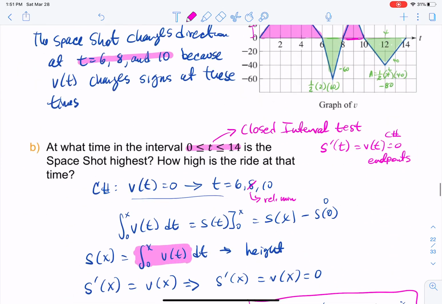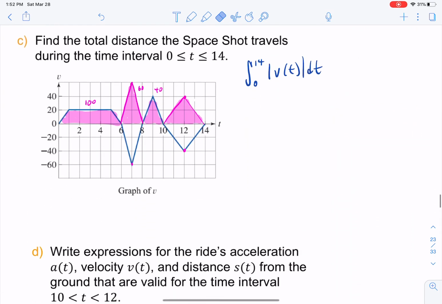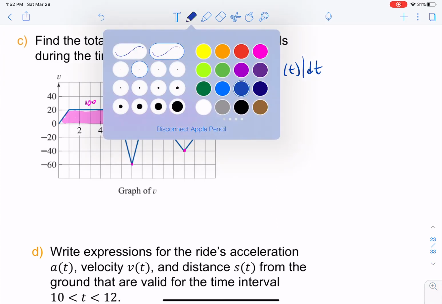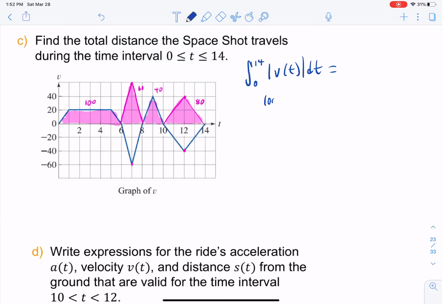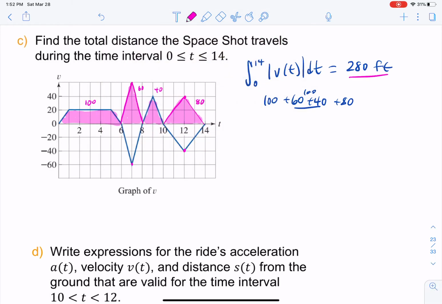Double check, just to be sure. Yeah, 40, and then an 80. Okay, so we just want to add up all these numbers. We got 100 plus 60 plus 40 plus 80. So that's another 100. So that's 200. Plus 80 more is 280 total feet. And that's how far it's traveled in totality.